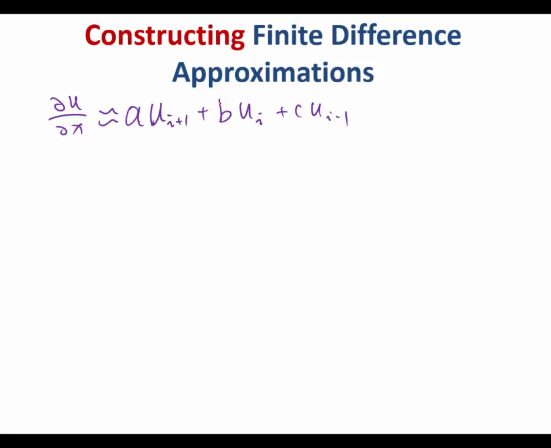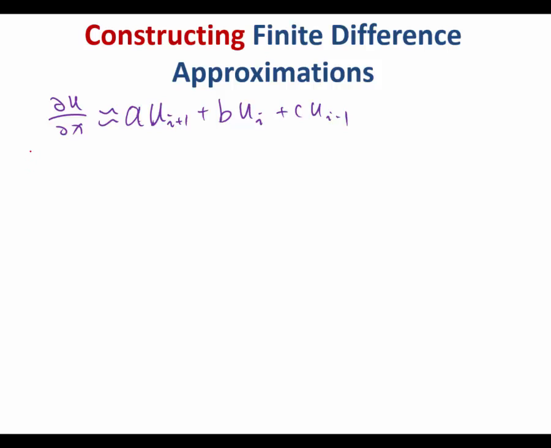We have only talked about the truncation error here, right? So maybe one aspect of a good approximation means the truncation error should be small. And we know how to compute the truncation error.